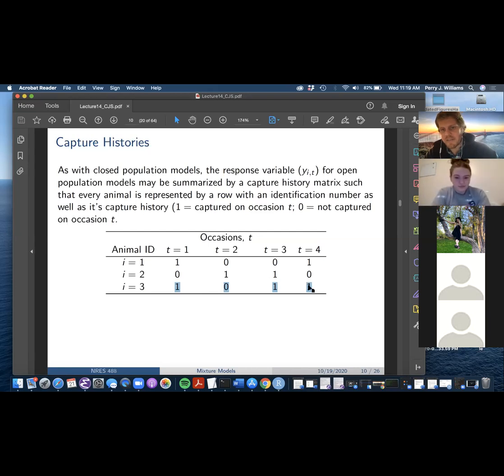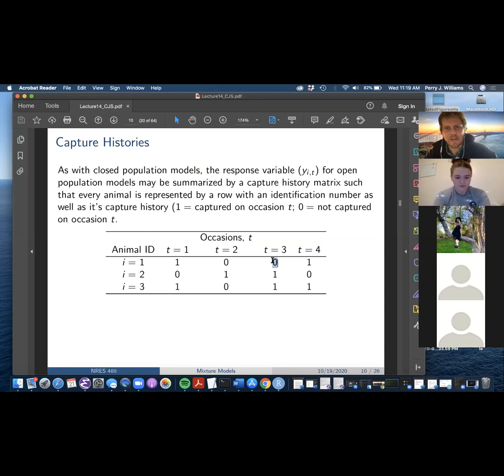We know that because to see it on time period 4, it had to be alive during all these other time periods. We just didn't see it here. So naively, that gives us about a 75% detection probability, seeing it 3 out of 4 times. So we can take these entire capture histories, and when we get zeros followed by 1s, that gives us enough information to actually estimate the detection probability.